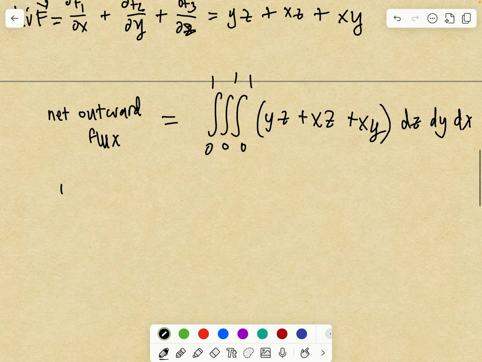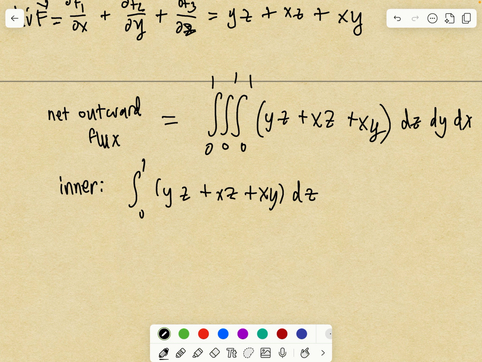So let's do the inner integral. Integral from 0 to 1 of yz plus xz plus xy dz.